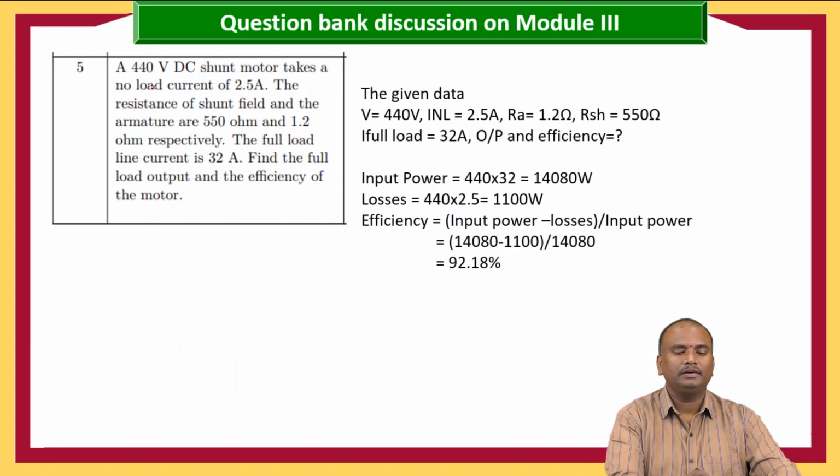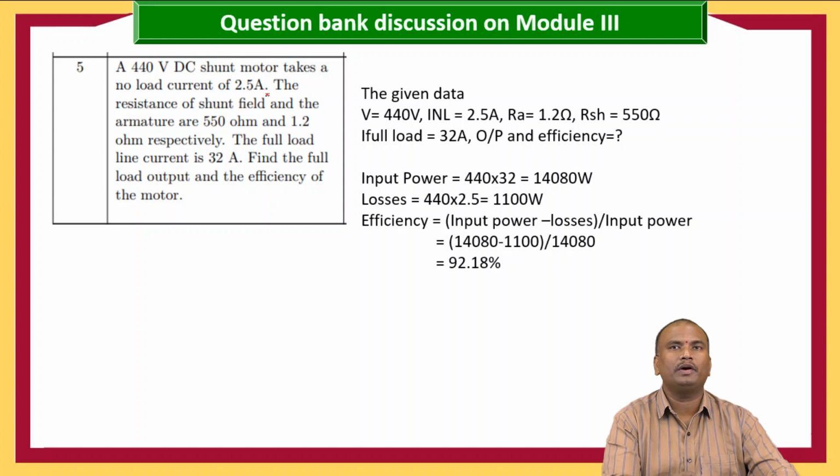The next one: a 440 volts DC shunt motor takes a no load current of 2.5 amperes. The resistance of shunt field and the armature are 550 ohms and 1.2 ohms respectively. The full load line current is 32 amperes. Find the full load output and the efficiency of the motor.